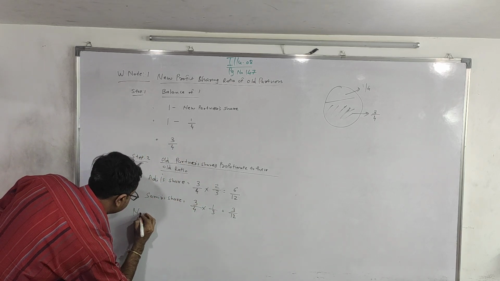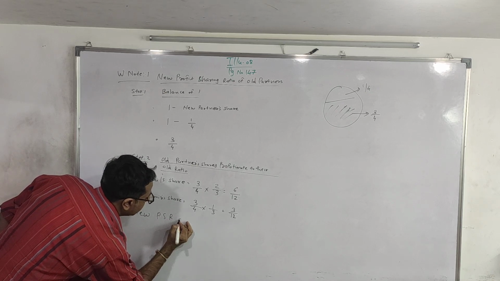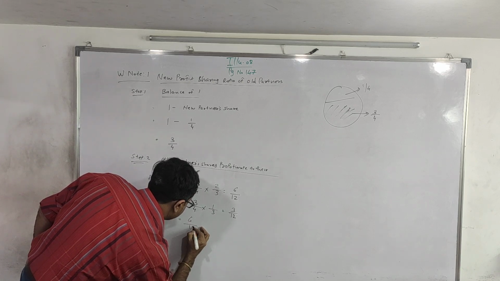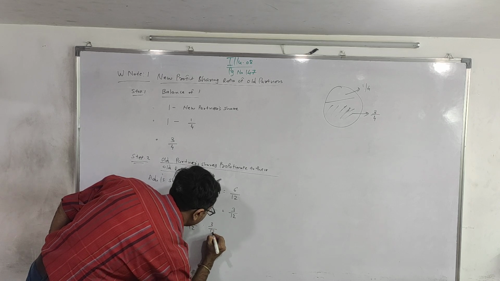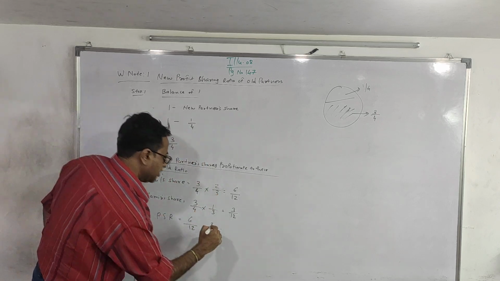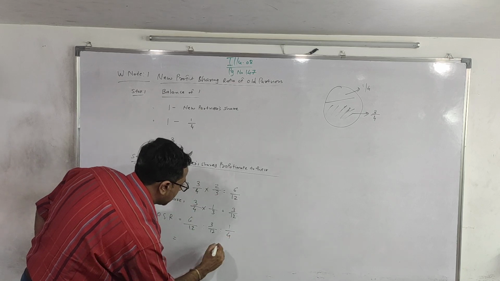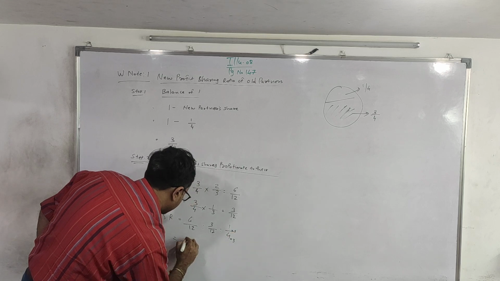New profit sharing ratio is equal to 6 upon 12 : 3 upon 12 : 1 upon 4. Now we'll make the denominator common by multiplying 4 into 3 and 1 into 3.